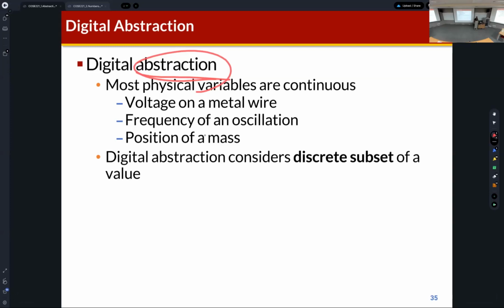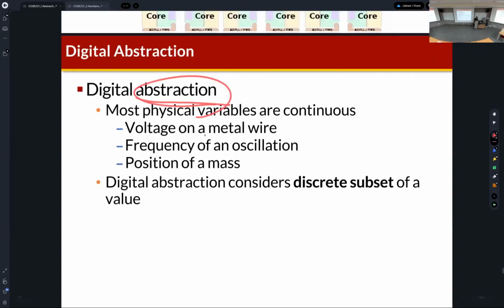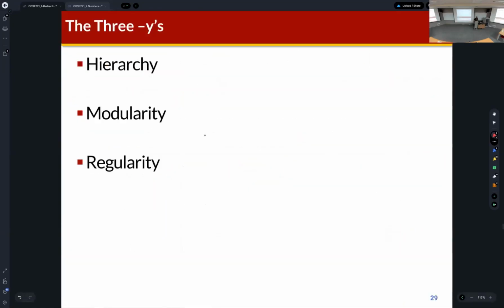But we need to represent these analog signals using a digital concept, like digital signals. As I mentioned, digital signals are represented using only zeros and ones. This is the example I explained there.